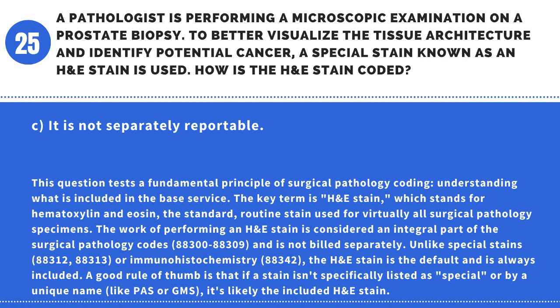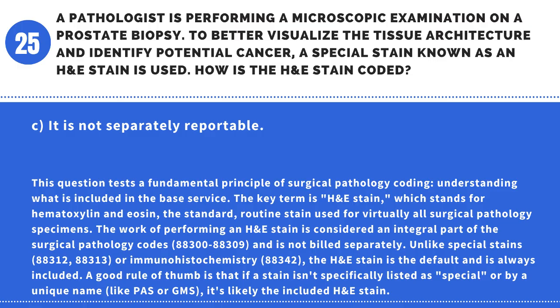Answer: C. It is not separately reportable. This question tests a fundamental principle of surgical pathology coding, understanding what is included in the base service. The key term is H&E stain, which stands for hematoxylin and eosin, the standard, routine stain used for virtually all surgical pathology specimens. The work of performing an H&E stain is considered an integral part of the surgical pathology codes, 88300 to 88309, and is not billed separately.